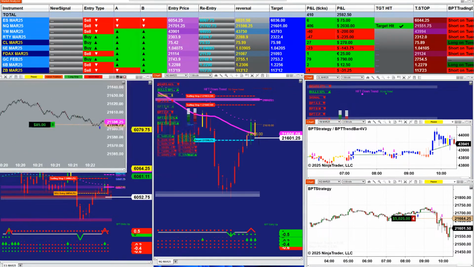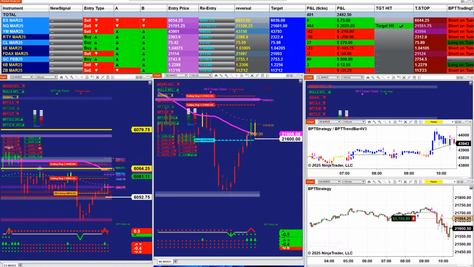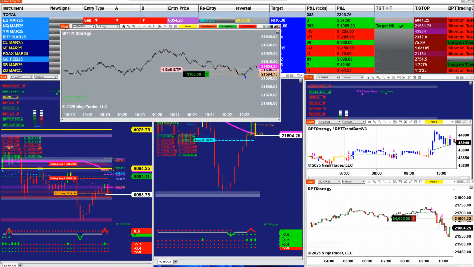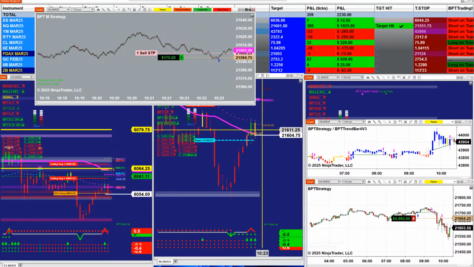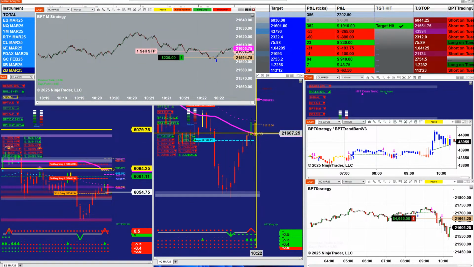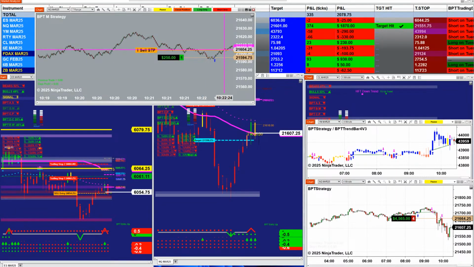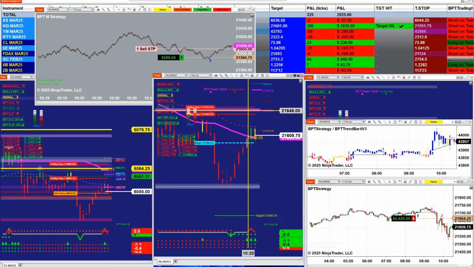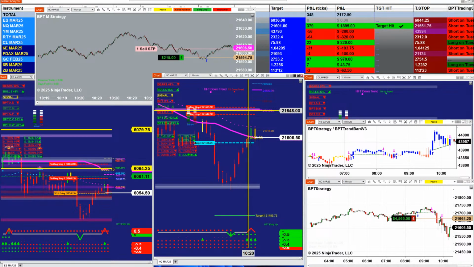Let's see where this target is going. Well, it seems like it's gonna cross this one. If it crosses this one, it's gonna make it all the way up to the 21,000.